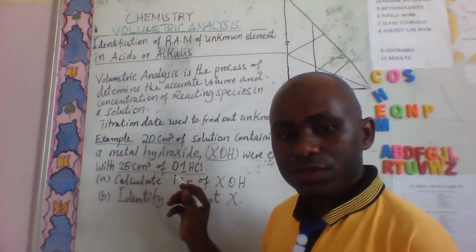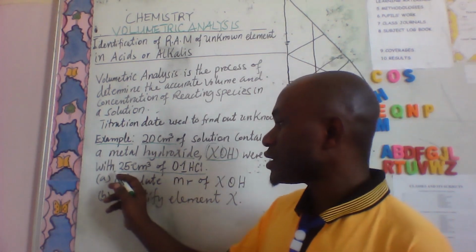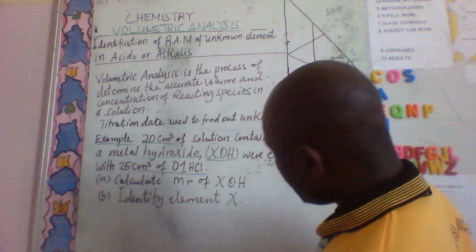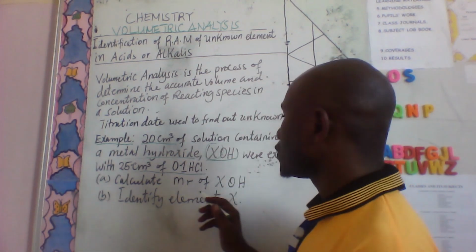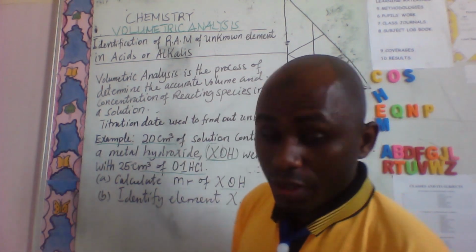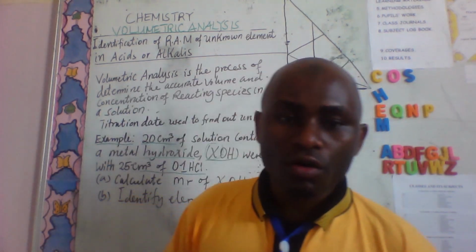This is the concentration of hydrochloric acid, and this is the volume of hydrochloric acid. We are required to calculate the molar mass of the unknown compound.